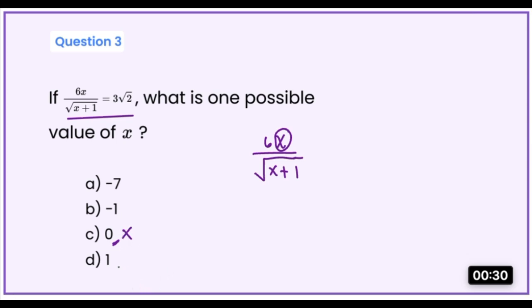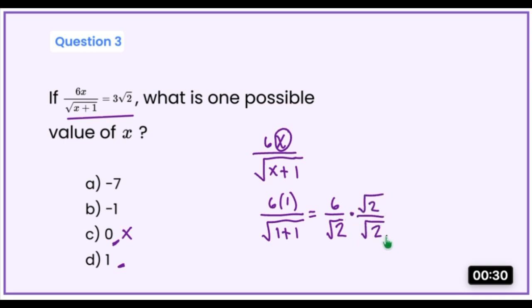So now let's try 1, which is also an easy one to substitute. So we have here 6 times 1, which is 6. And then the denominator will just be 1 plus 1, which is just 6 over square root of 2. And then we need to rationalize by multiplying by square root of 2 over square root of 2.